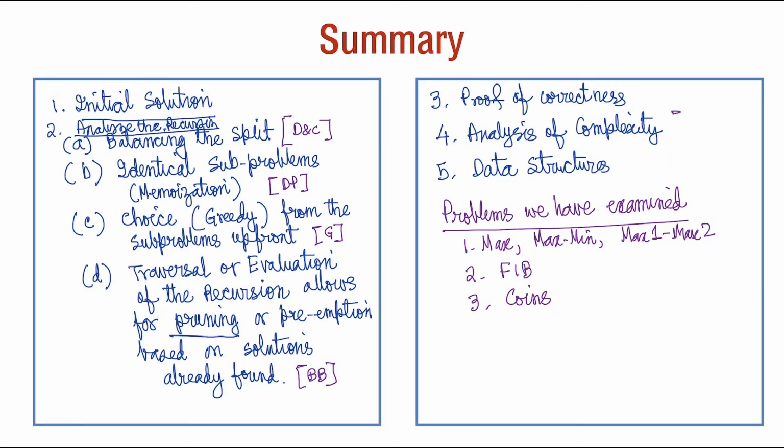For analysis of complexity, we get recurrence equations, and as we are studying, we are going to do asymptotic analysis of the algorithms based on our O n and theta n and omega n functions.